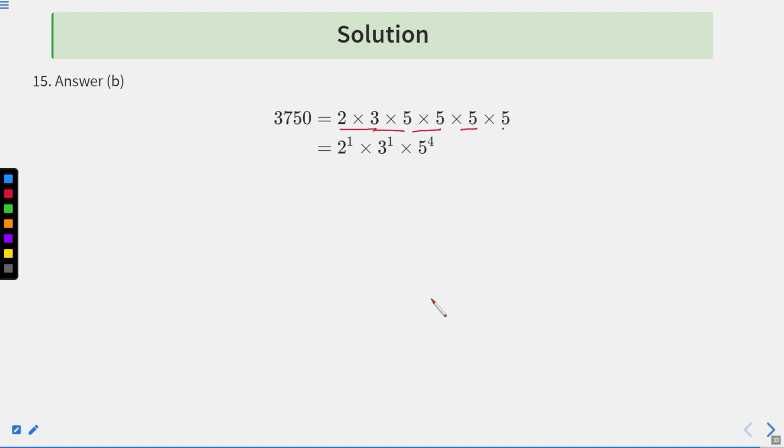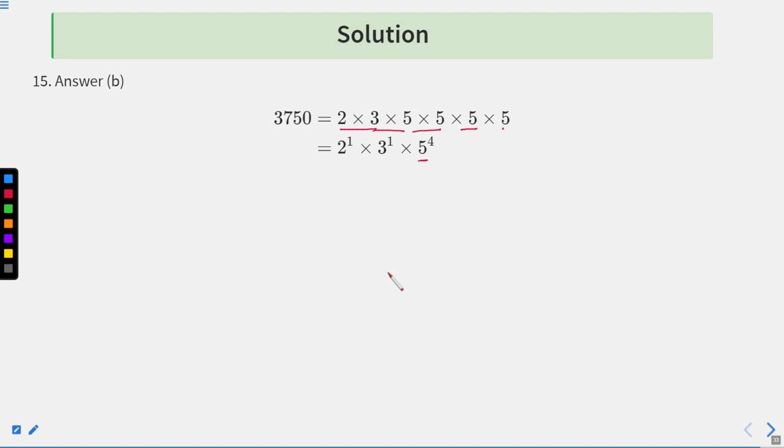It can also be written as 2 to the power 1 times 3 to the power 1 times 5 to the power 4. So the power of 5 is 4.